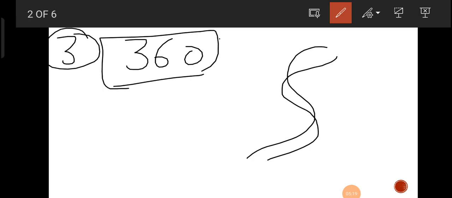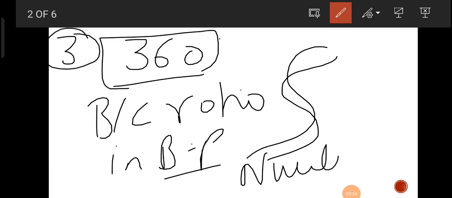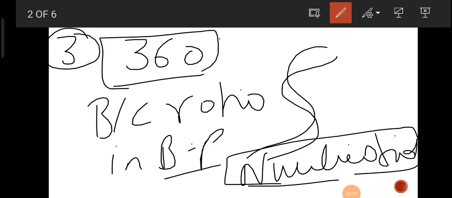Because of rotation of the base pair, or you can say the nucleotide. So now you can easily remember that the double helical structure of DNA is because of its anti-parallel nature and because the nucleotides are rotated about 360 degrees.